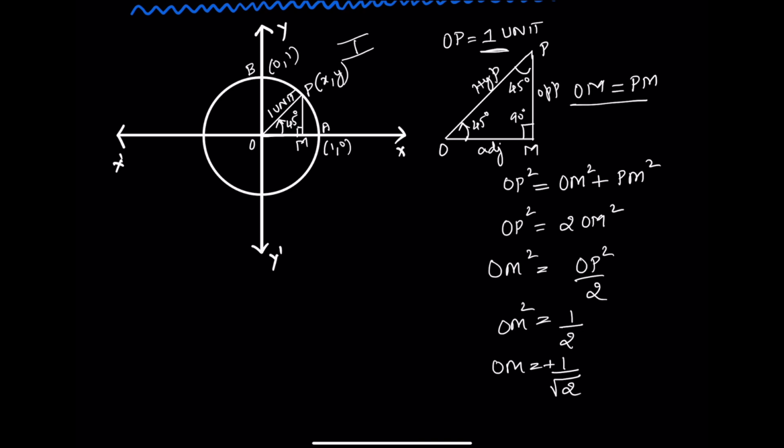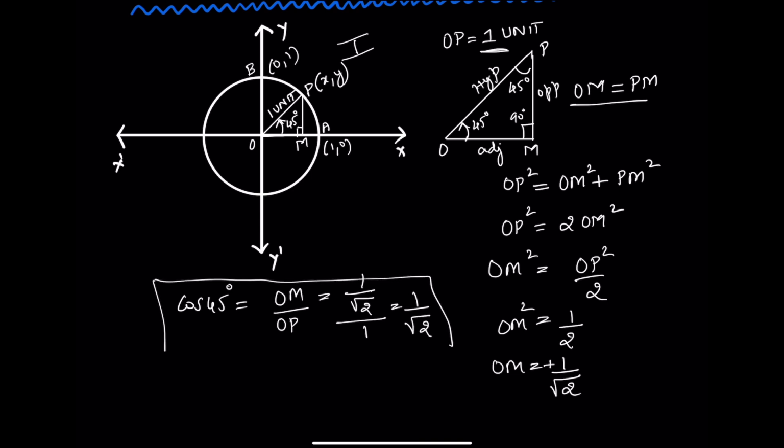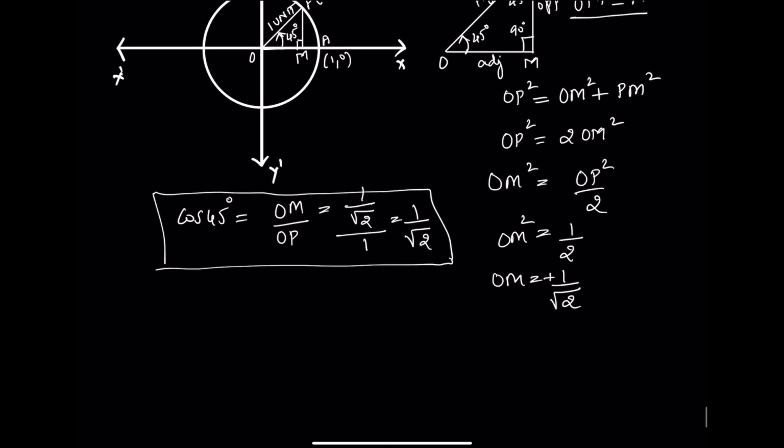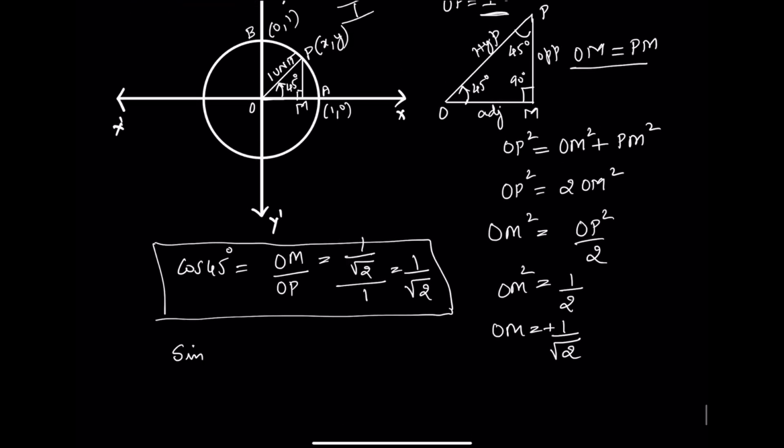So what would be cos 45 degrees? It is OM by OP, adjacent by hypotenuse, which is 1 by square root of 2 divided by 1, which is nothing but 1 by square root of 2. So this is cos 45 degrees. Now, what would be sine 45 degrees?